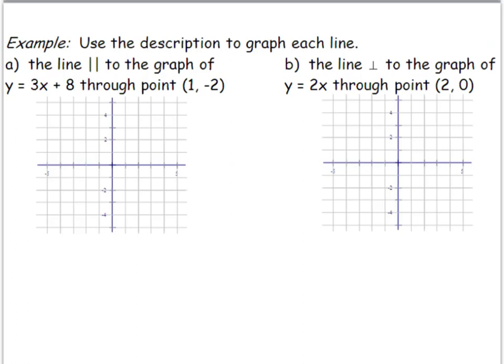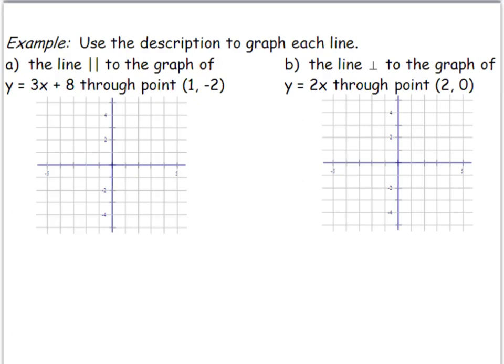Okay, so in this case, they want you to use the description to graph each line. I'm going to do A, I'm going to have you do B, and then we're going to come back together later. So, in part A, it says, I want the line that's parallel to this one, and it goes through this point. Well, remember, if they're parallel, we should have the same slopes.